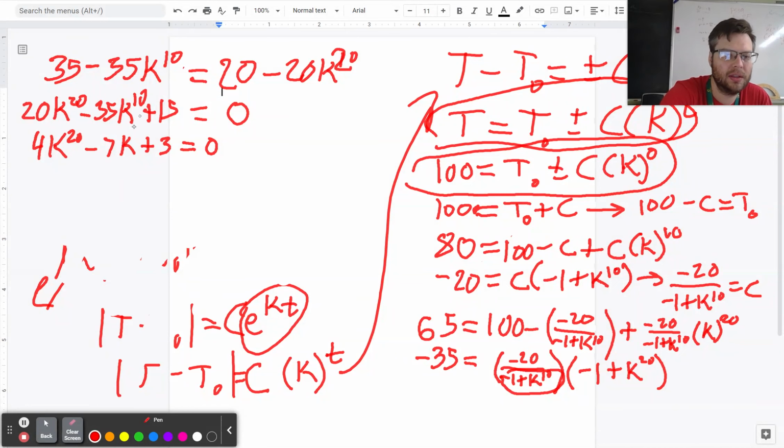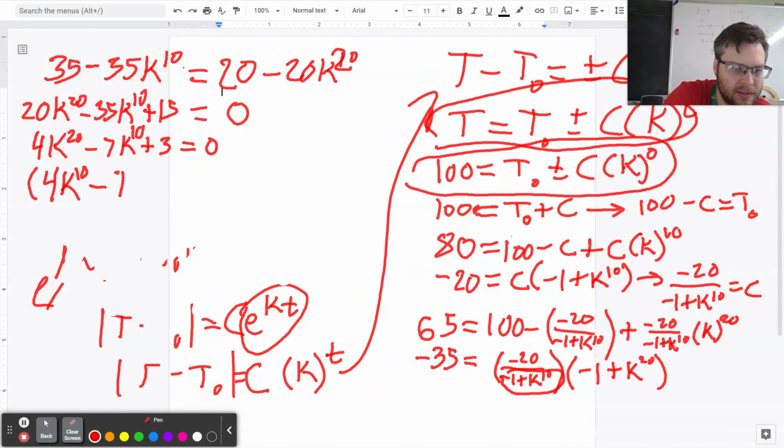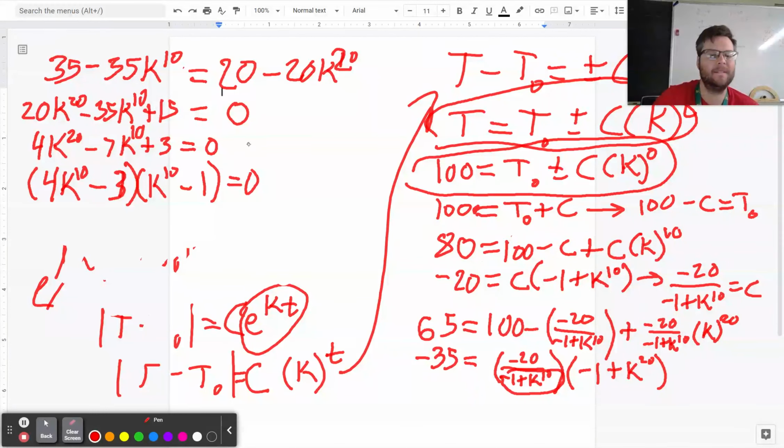Can I even factor that? That's a good question. Let's see. I think I can. It's 4 times 1. Yeah, okay. So if I set this up to be 4K to the 10th minus 3 and K to the 10th minus 1, see if that works out.